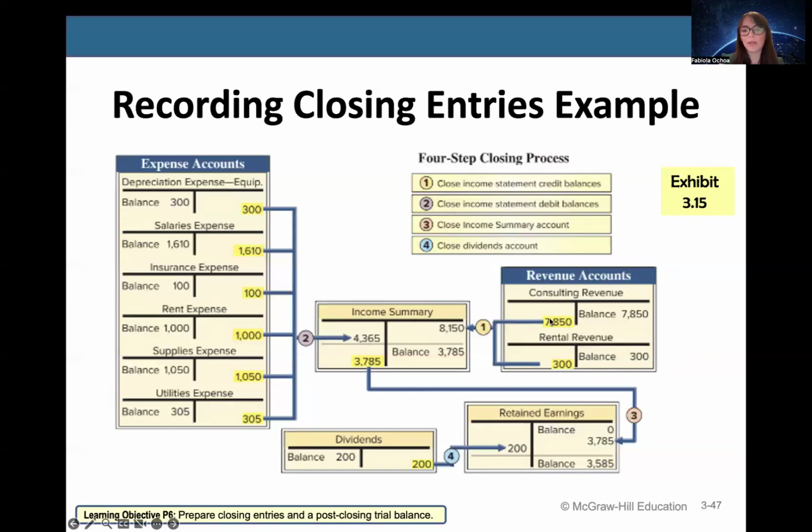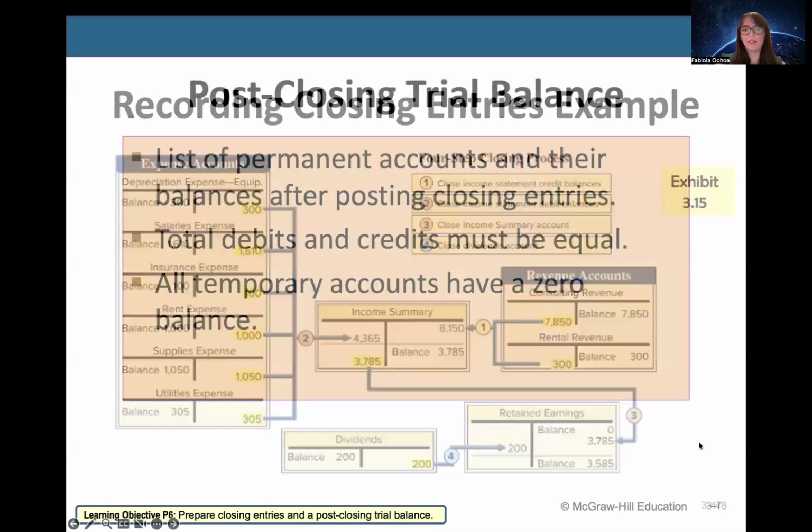You're going to debit it to bring it to zero, and you're going to credit the income summary. Okay. Next, you are going to close your expense accounts. You know that expenses have a normal debit balance. You are going to credit them to bring them to zero, and you are going to debit the full amount to the income summary. Okay, and then you do the same for retained earnings and dividends.